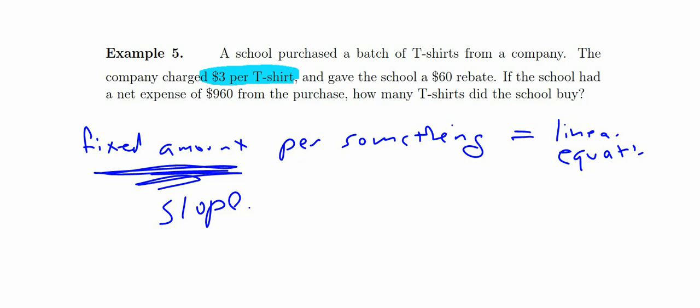Okay? I don't care what else is in that problem. Now, it doesn't always have to be worded that way. It might say, for every t-shirt, you pay $3. Okay? There's something going on for each of something, or like your hourly wage. For every hour you work, you earn $10, or you earn $10 per hour. Right?